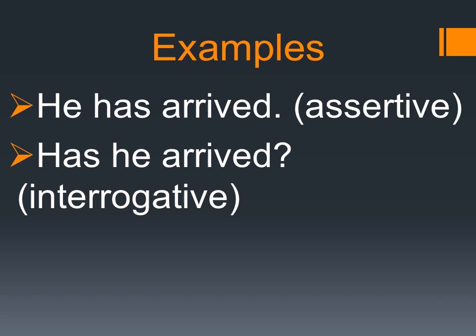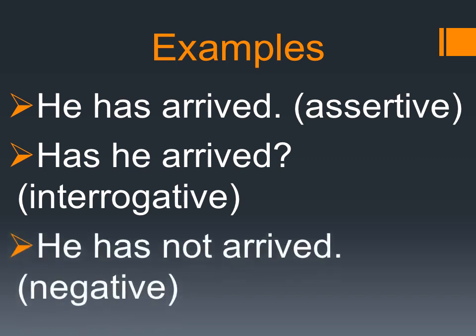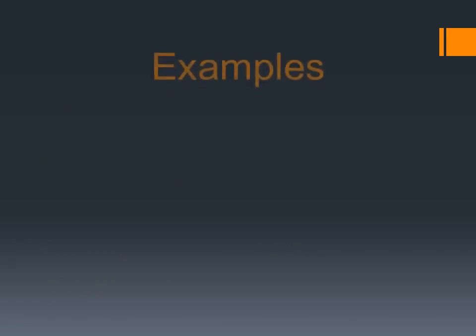Its helping verb will be brought just before the subject, that is he. So its interrogative sentence will be: has he arrived? And its negative sentence will be: he has not arrived, as we will add not just after the helping verb, and the helping verb is has.